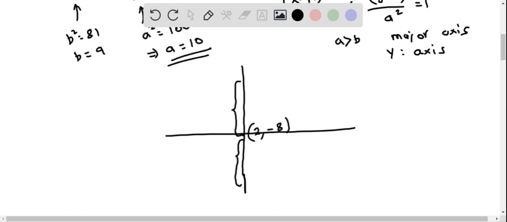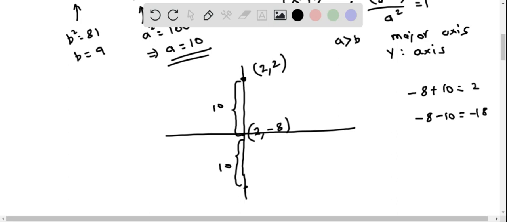So I have to add −8 + 10. Therefore this becomes positive 2, which means an endpoint of the major axis is (2, 2). And for the other endpoint, I have to subtract: −8 − 10, and this equals −18. So basically this is 10 units and this is also 10 units. So this point is (2, −18). So these are the two endpoints of the major axis.